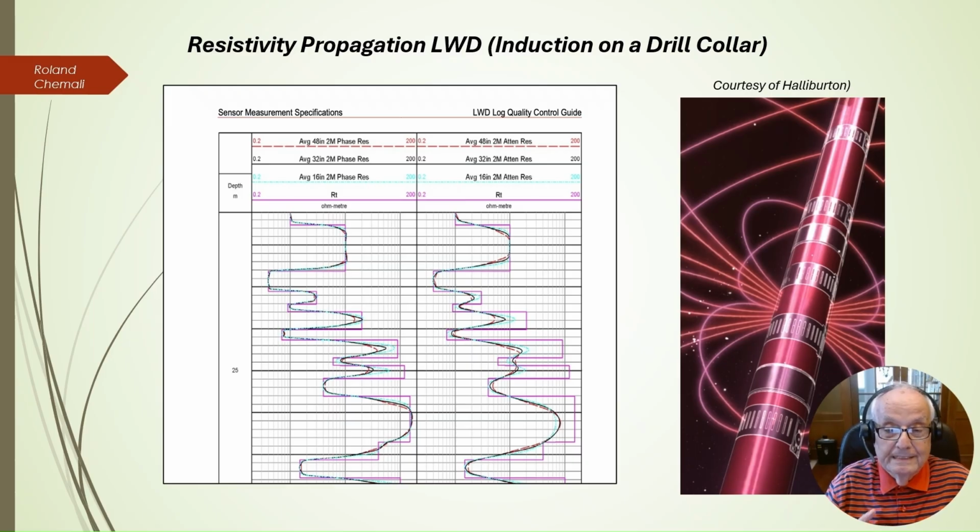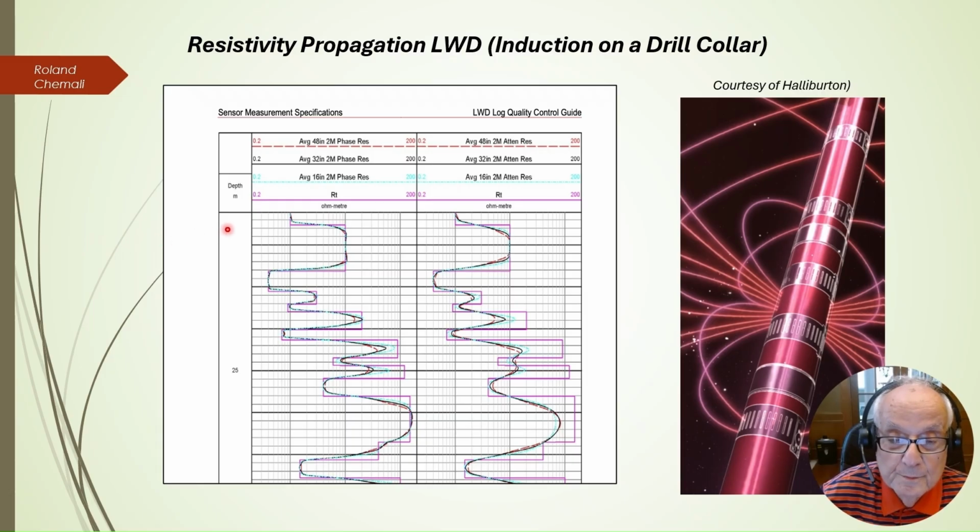In the 90s, or maybe possibly in the late 80s, a gentleman by the name of Rich Meador had the idea of putting an induction on a drill collar. It sounded so far-fetched because most physicists thought you can never put an induction tool on a drill collar. But Rich Meador had a great idea, and he managed to create an induction on a drill collar.